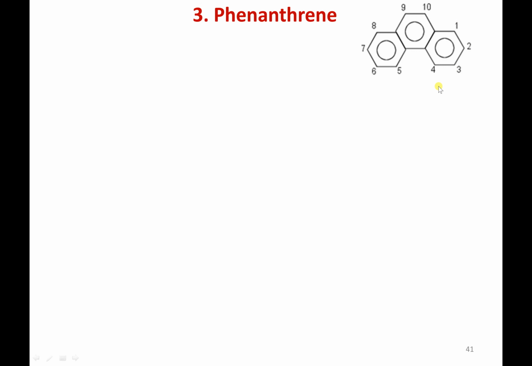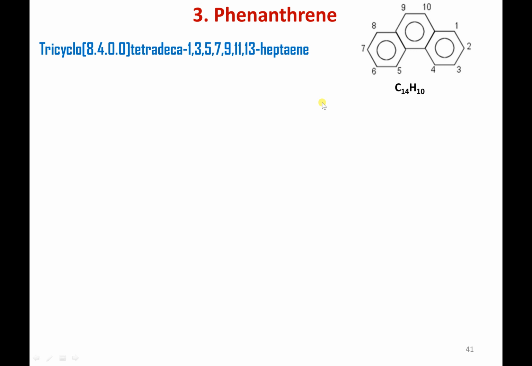And the numbering is 1, 2, 3, 4, 5, 6, 7, 8, 9, 10. Molecular formula remains the same as anthracene. It's again the same nomenclature: tricyclo 8400 tetradeca 135 7 9 11 13 heptene.